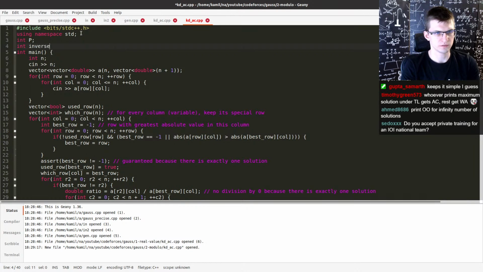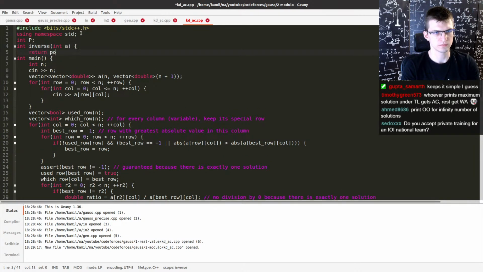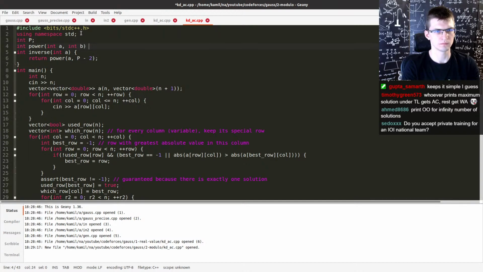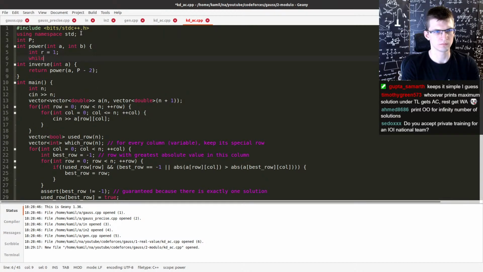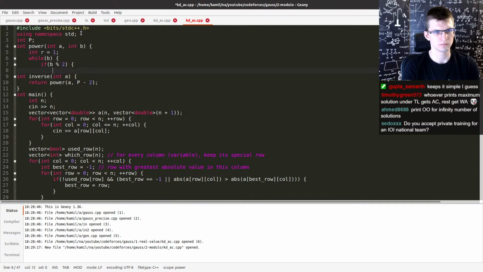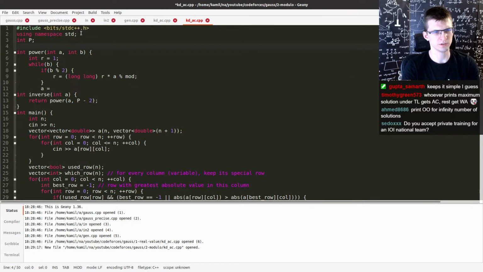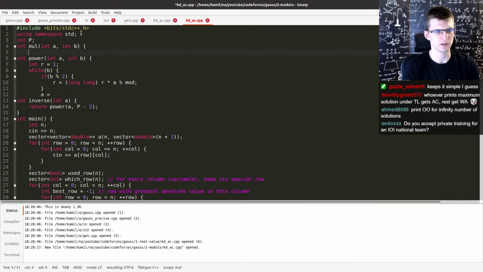Inverse. Maybe a function for multiplication as well. Yeah, it will be better to use it. Or do I just want to use longs all the way? Maybe not. Let's keep the style nice.